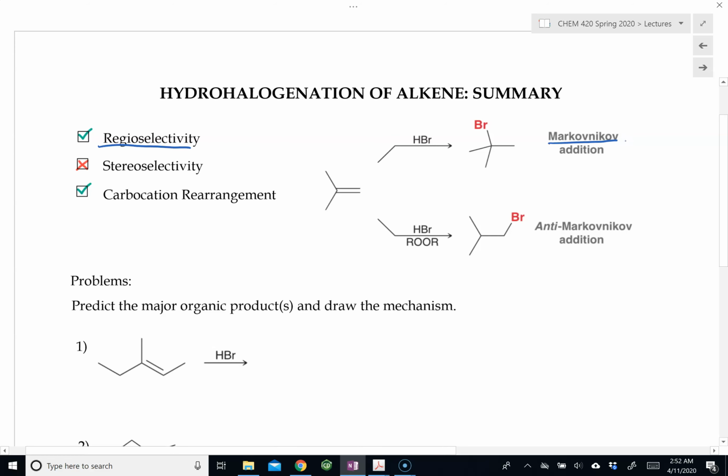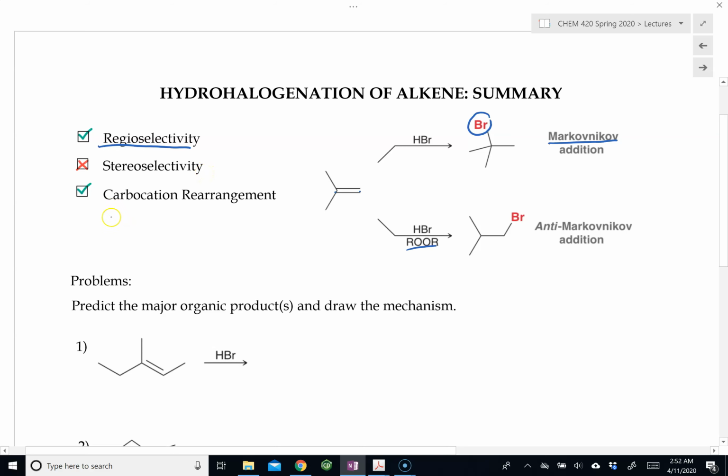And the Markovnikov product is where the halogen is added to the more substituted carbon, the vinyl carbon. Versus if we want to favor the anti-Markovnikov product, then we will have to add a small amount of peroxide to it. And there's no stereoselectivity in the hydrohalogenation reaction.